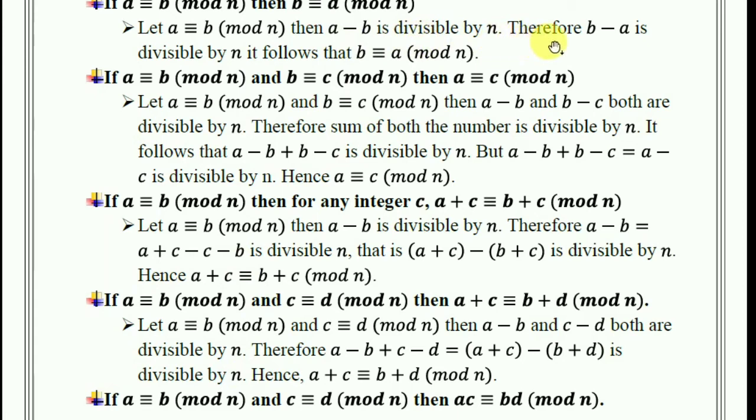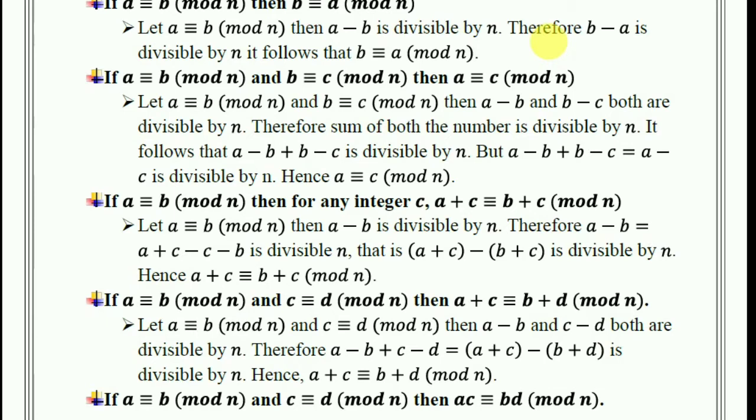Therefore if a minus b is divisible by n, then you can write that b minus a is also divisible by n. Okay, this is quite clear, because if 4 minus 1 is divisible by 3, then 1 minus 4 is also divisible by 3. So because of that, b minus a is divisible by n. It follows that b is congruent to a mod n.